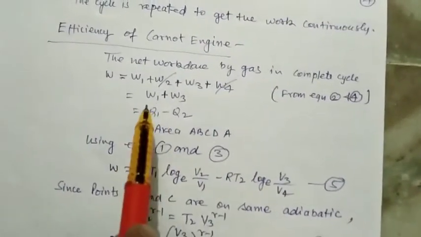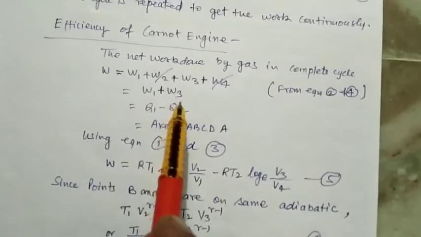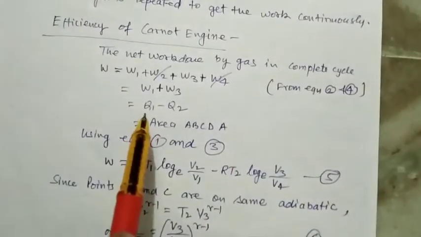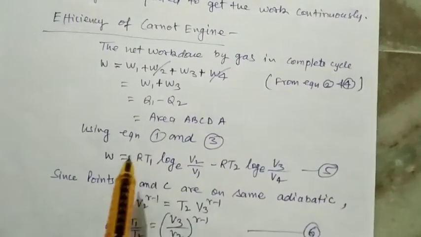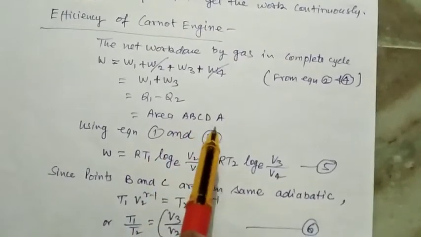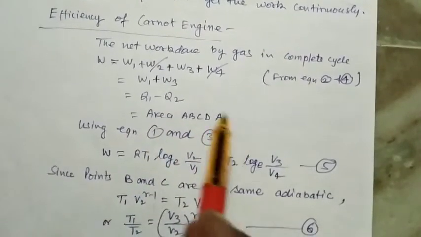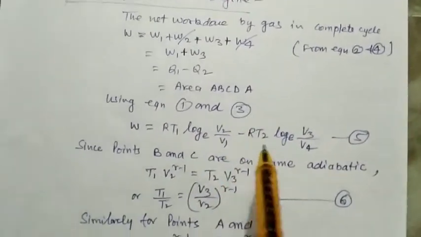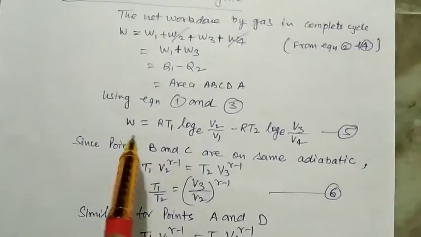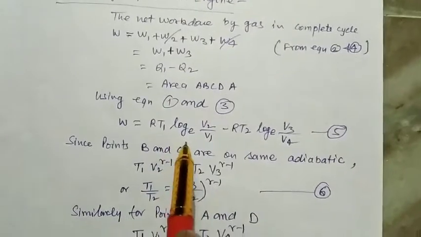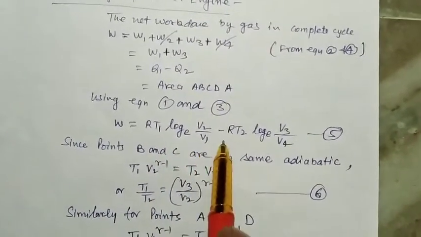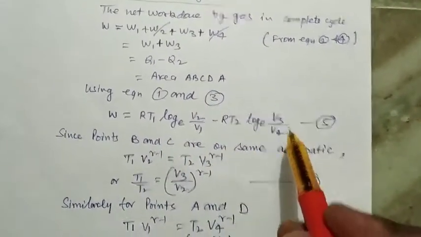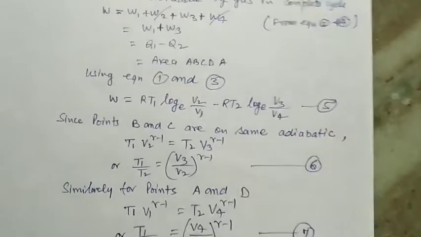W is equal to W1 plus W3, and from those equations Q1 minus Q2 is equal to area ABCDA, that is the area of the Carnot cycle. Using equation number 1 and 3, you can see W is equal to RT1 log e V2 upon V1 minus RT2 log V3 upon V4, equation number 5.